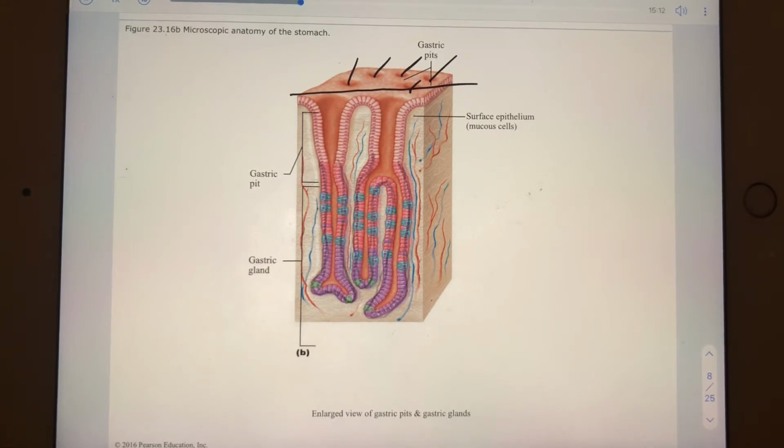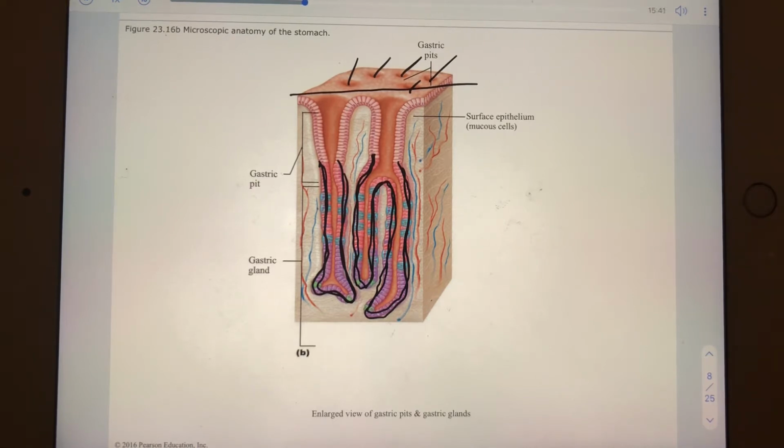That's extra gross. And then the base of the pit is occupied by a number of different types of cells that collectively comprise a gastric gland. So here's one gastric gland. Here's another gastric gland. Okay.